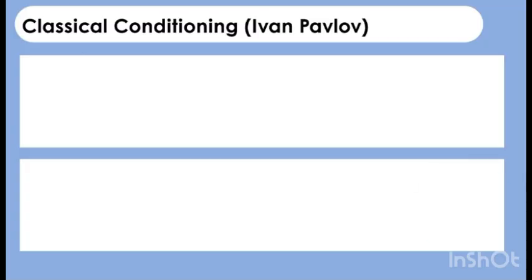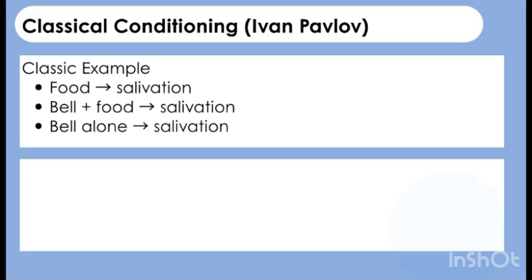Next is classical conditioning. Are you familiar with who proposed this classical conditioning? Any idea? Okay. So in classical conditioning, learning occurs through association between stimuli.